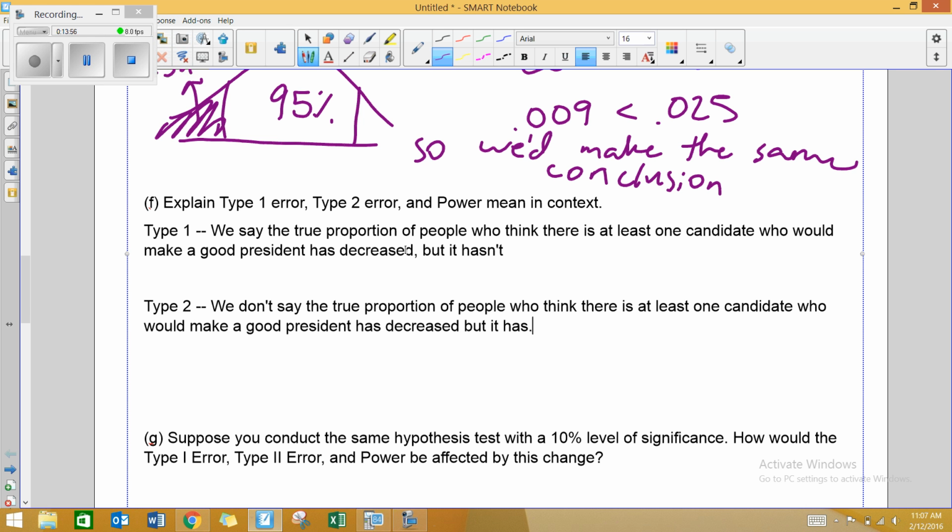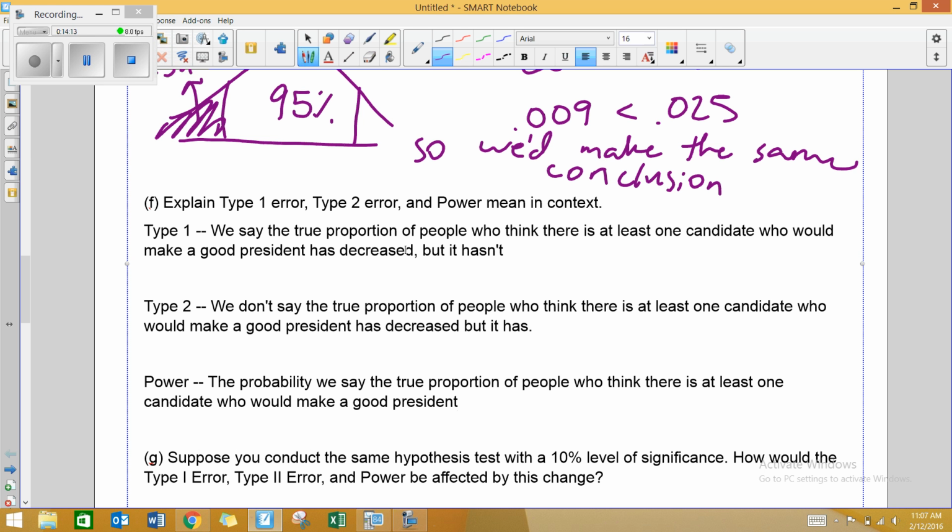Oh, hold on, did I mix those up? Oh yeah, nope, that's good. And power is the probability we say the true proportion has decreased, and it actually has, so we reject when we were supposed to.